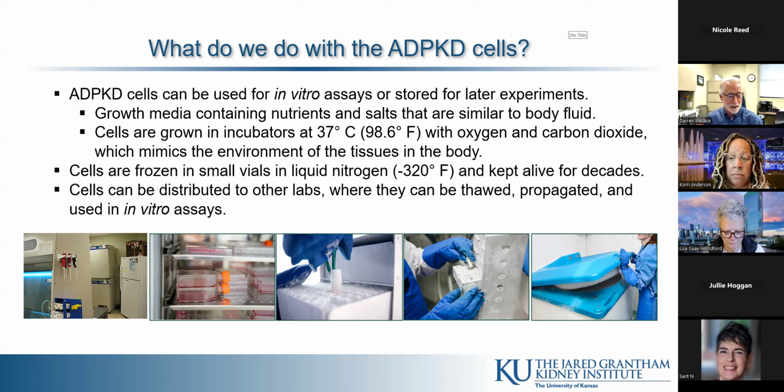This is actually an image of my cell culture laboratory, and these are the incubators where we put the cells to grow. And this is what the inside of that incubator looks like. This would be a flask with cells growing on the inside of that flask.